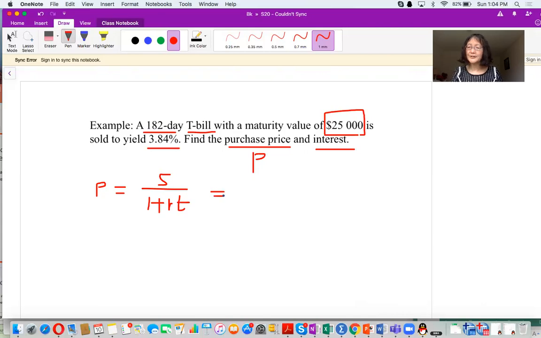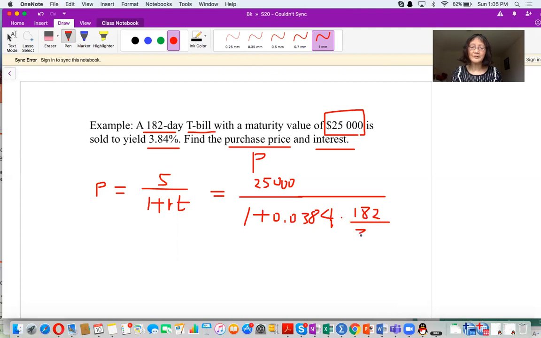And this S is the future value, is the face value, 25,000, divided by 1 plus R, interest rate 3.84%, so it is 0.0384, multiplied by T. Okay, so 182 days divided by 365.